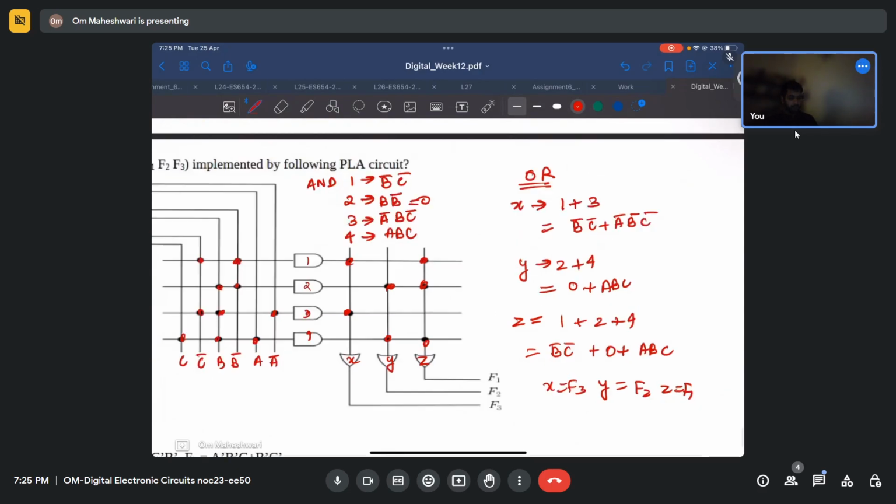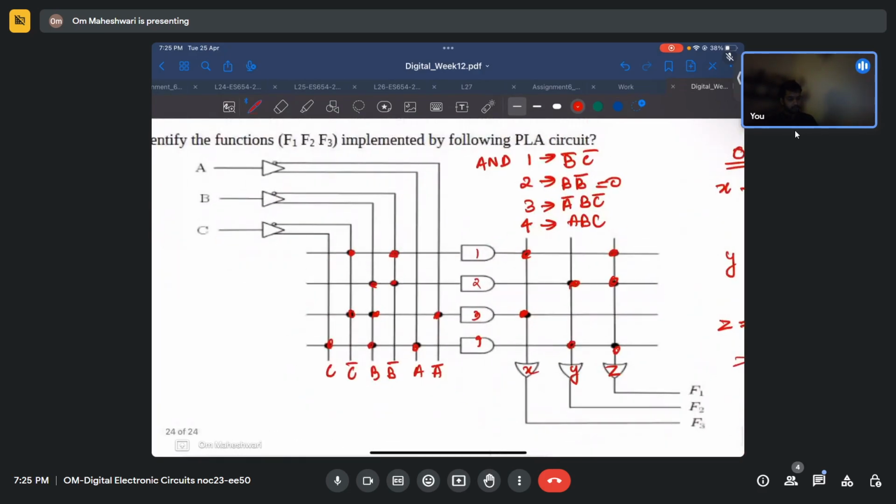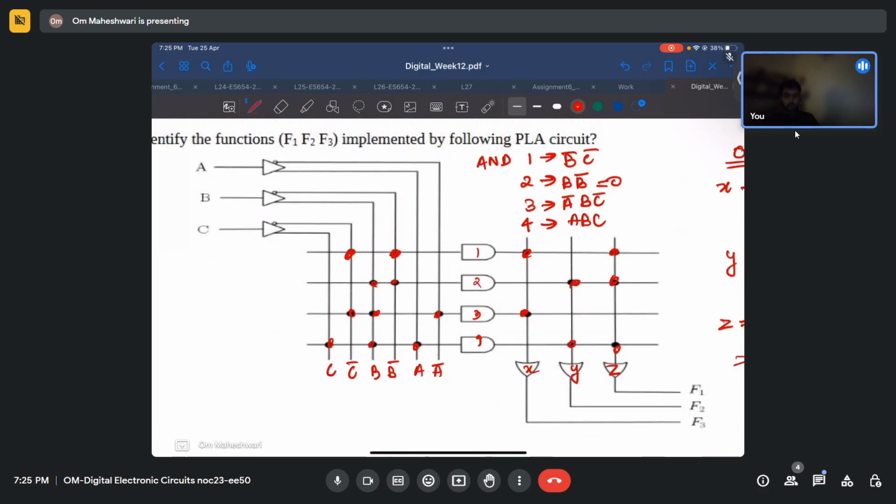So what does dot mean? Okay, good question. Dot means this is shorted, right? Here you see C is coming in this whole line, and C bar is coming in this whole line. If we are looking at this AND gate 1, it is shorted at this C bar, so one of the inputs to the AND gate is C bar.